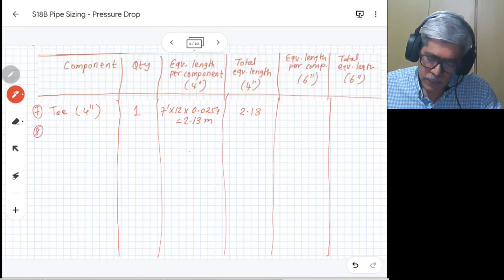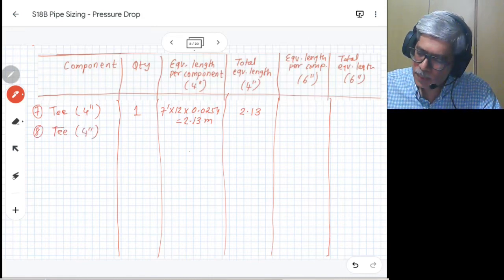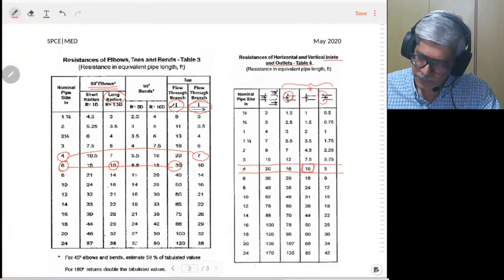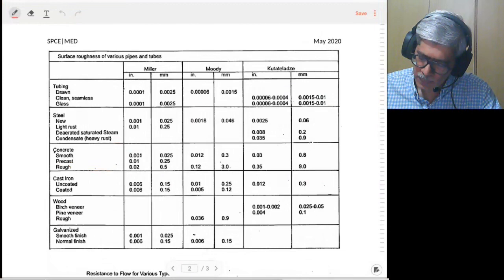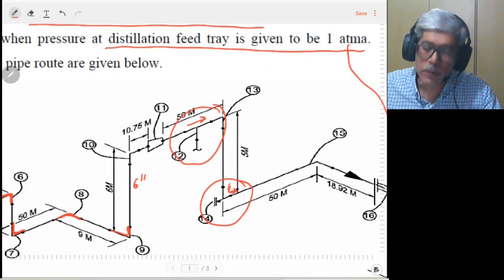The next item is also a T, which immediately follows the first T. It is this T that we are talking about. So this is a T where the flow is through the branch.